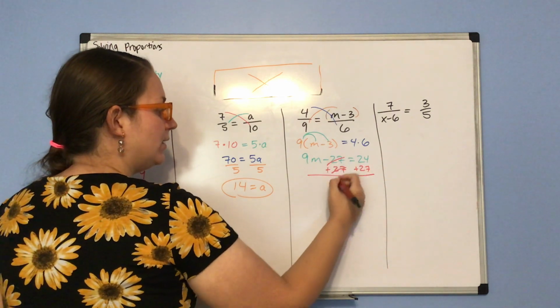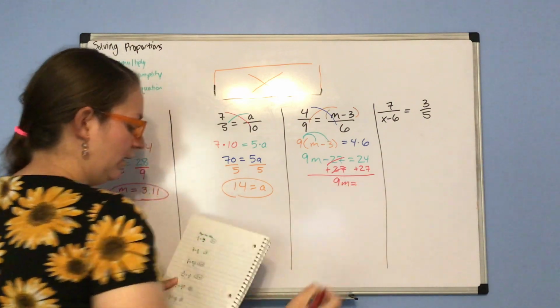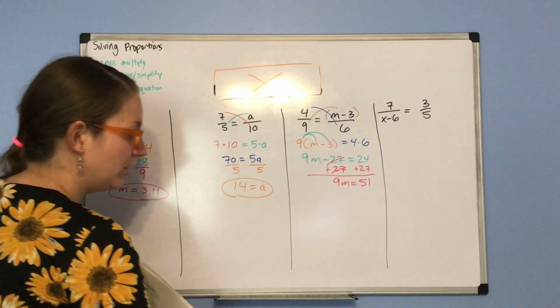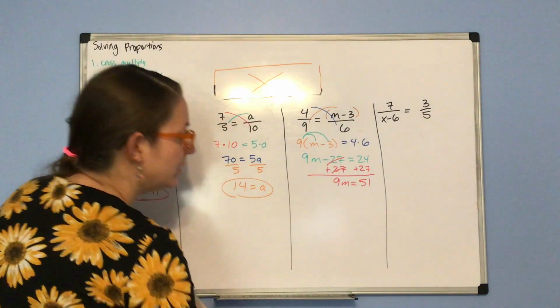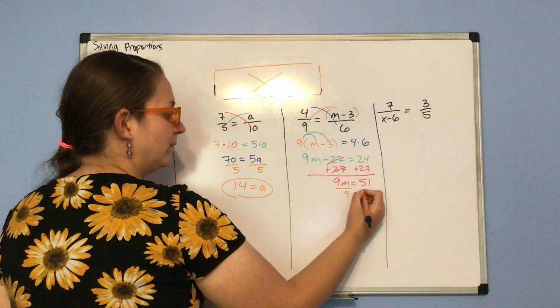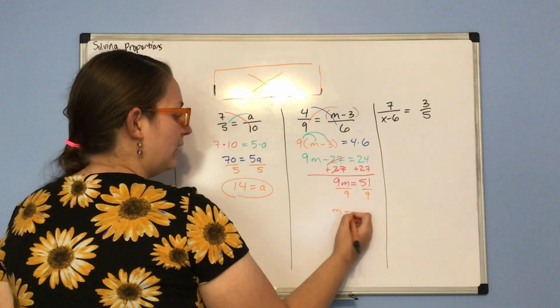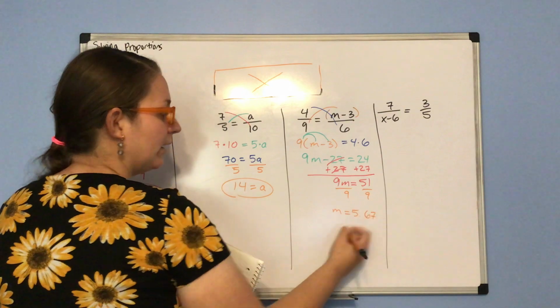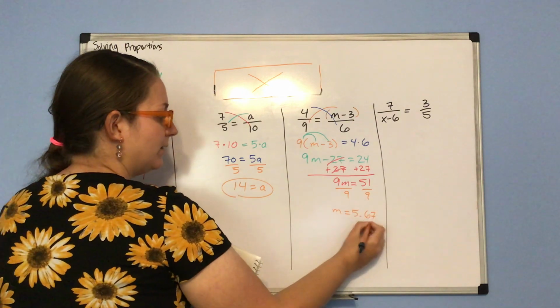When I do that, these cancel, that's what I want. I get 9m equals 51. And then to finish that off completely, I need to divide both sides by 9. When I do that, I get m equals 5.67, again, round to 2 decimal places.